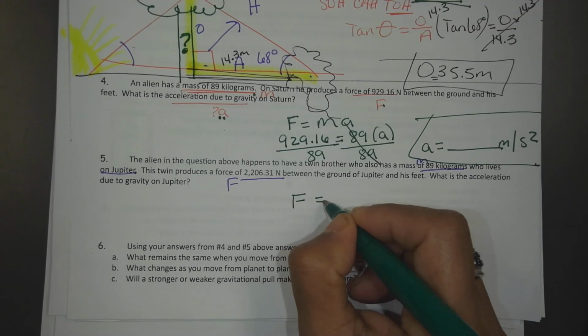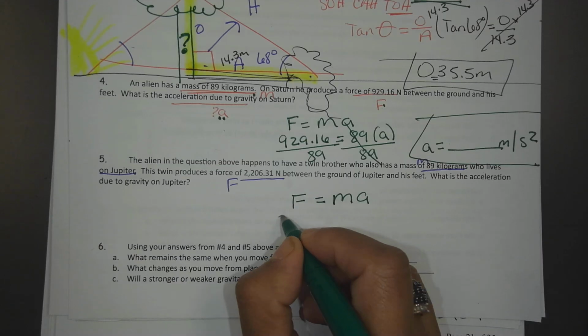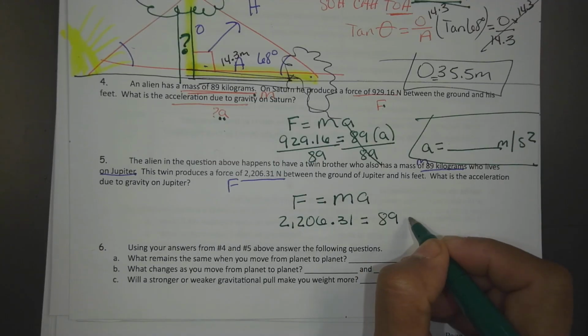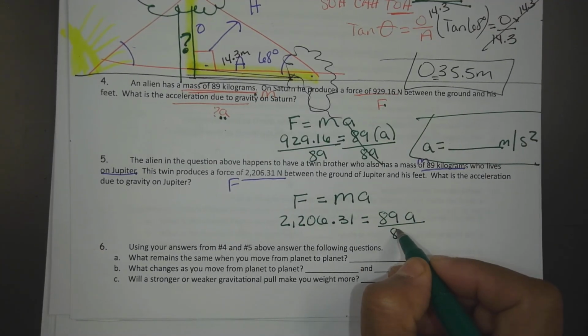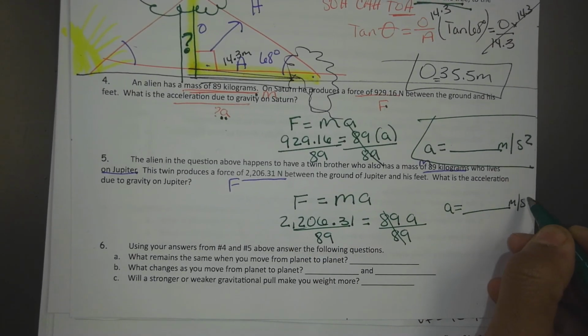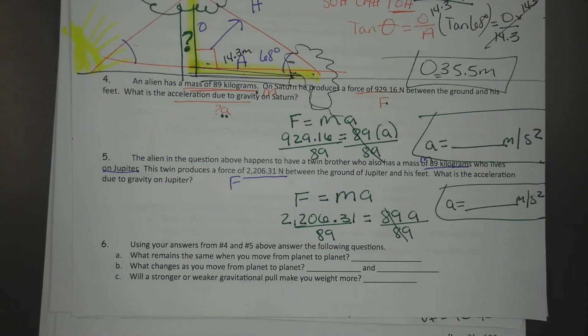What is his twin's acceleration on Jupiter? The force is a different number, the mass is the same, and a. Divide by 89, cancel, divide by 89. Acceleration equals, and that's the twin alien on Jupiter versus the other twin living on Saturn. Different planet, different acceleration. They're definitely not the same as on Earth, because they're on a different planet.